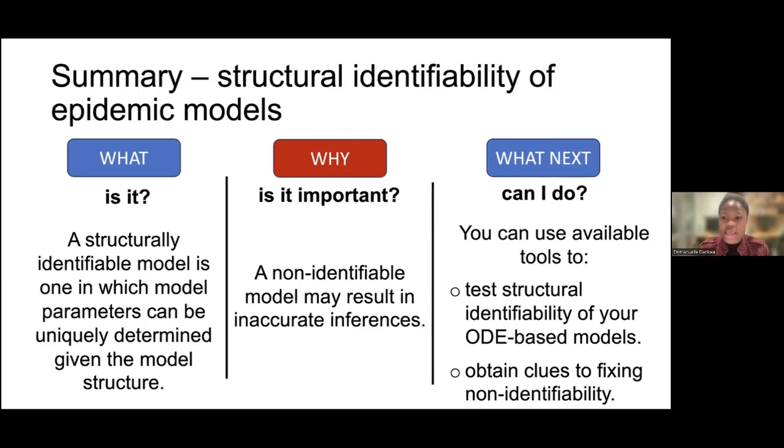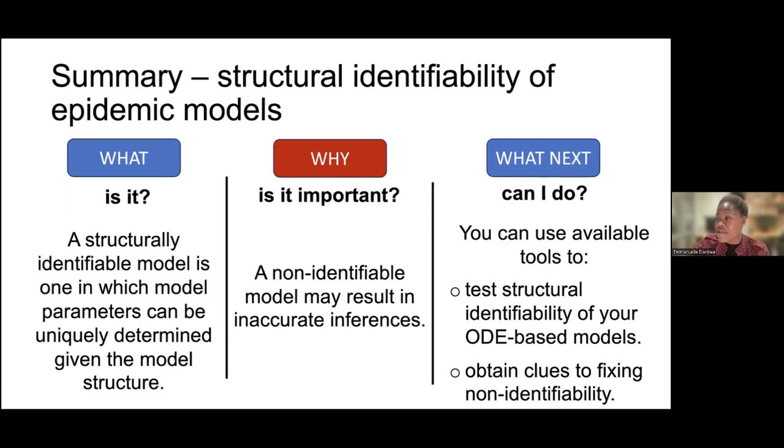Well, it depends. If you're not calibrating the model but are doing predictions, then it's important to ask what values of parameters you are using in the predictions. If these parameters are from other models, then it's important to think about whether those parameters have been estimated in a way such that they are structurally or practically identifiable.